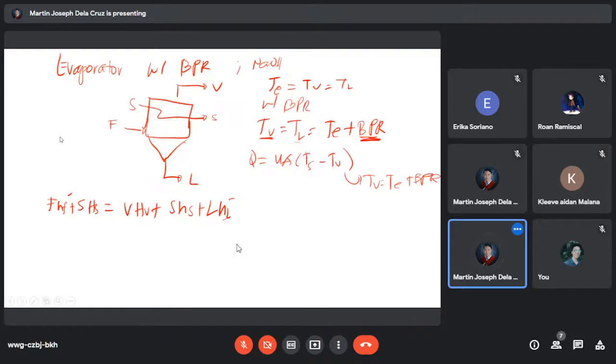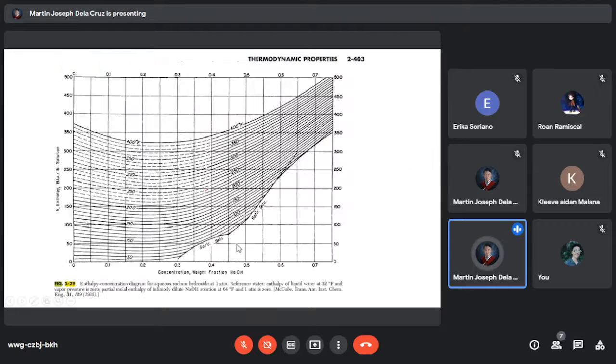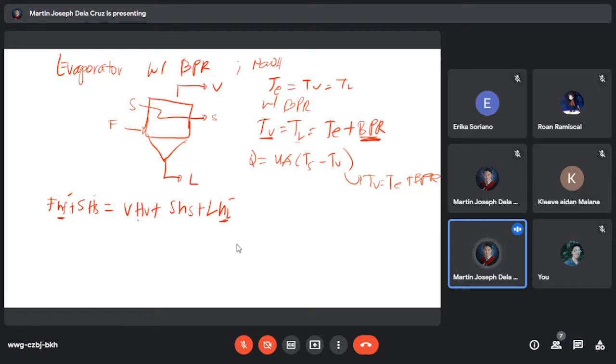Okay? And then, dito sa HS, dito class, wala nang problema. So, yun lang yung kailangan natin, no? Si HF and then your HL sa graph natin kukunin. And of course, your HV dapat plus is yung temperature ng evaporator or your condenser plus your boiling point rise.